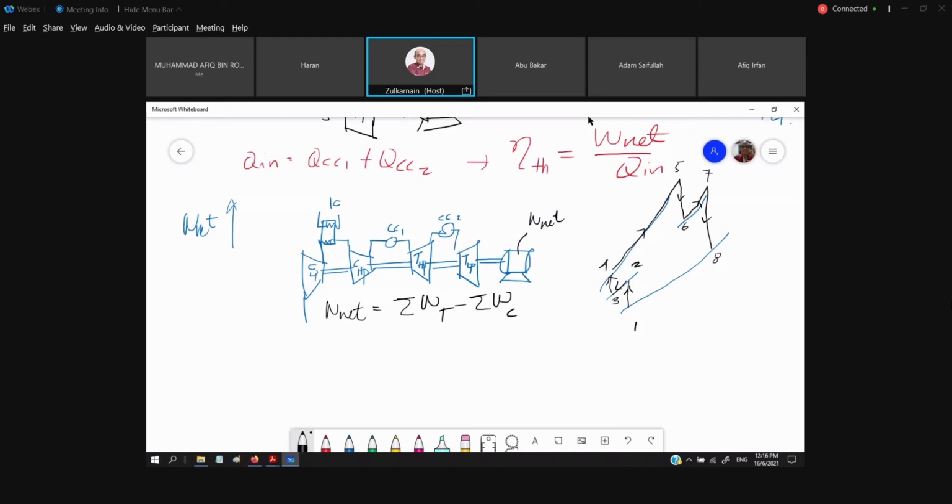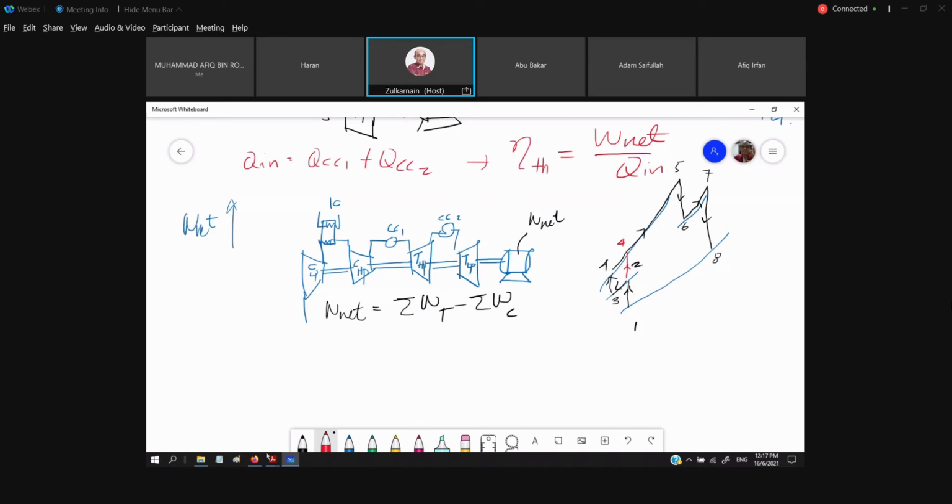Okay, so if you compare the compression process without any intercooler, this is where we are going to have our pressure higher. But when we have an intercooler, this is what we have. The Q in is greater without any intercooler compared with the intercooler.